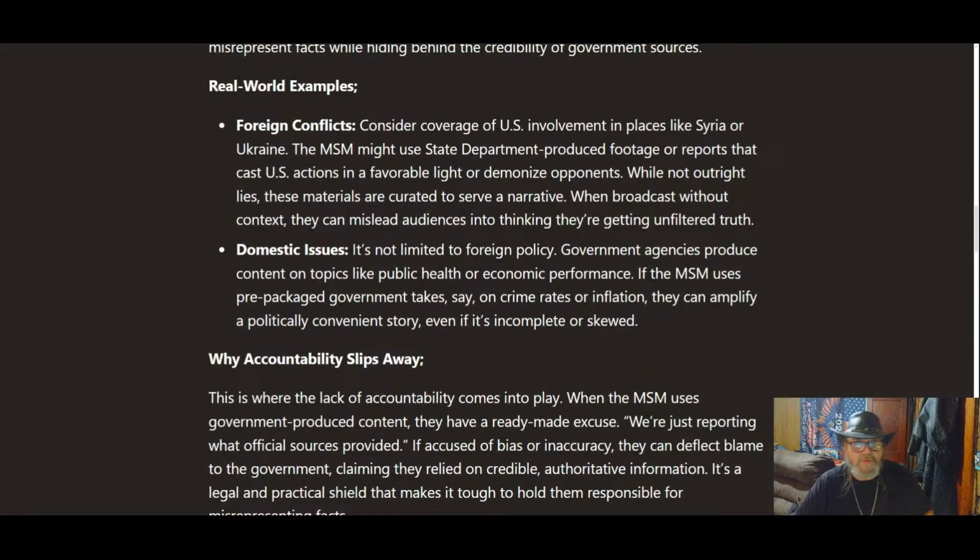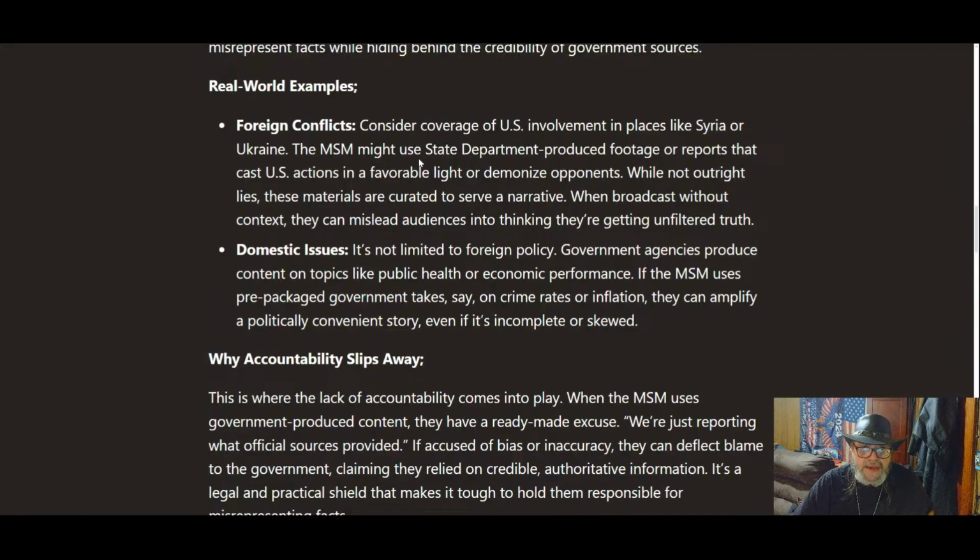Real-world examples. Foreign conflicts. Consider coverage of U.S. involvement in places like Syria or Ukraine, or just recently, I was going to put this in there, but all of it's not out yet. The effectiveness of the attack on Iran nuclear sites, but like I said, it's still a work in progress.